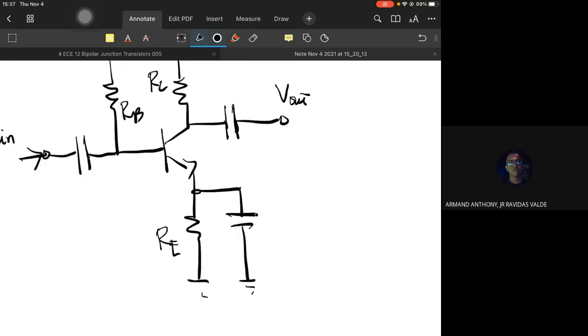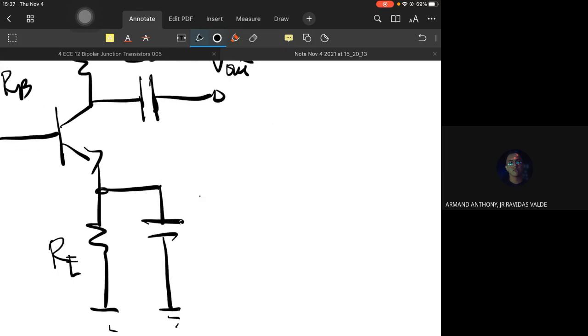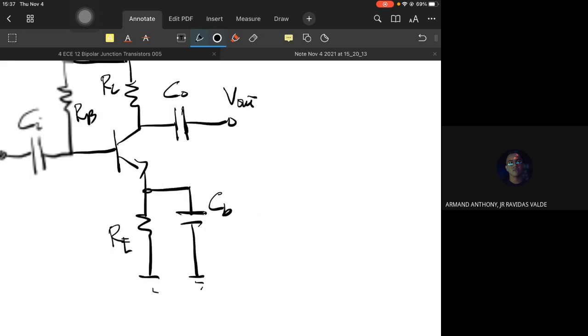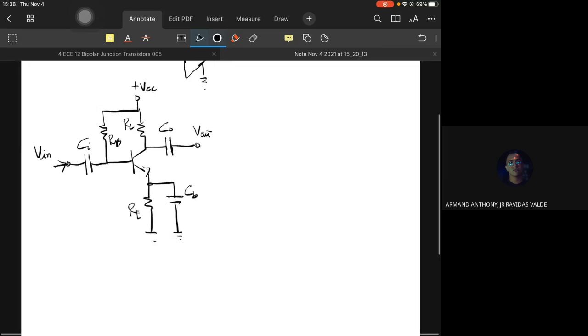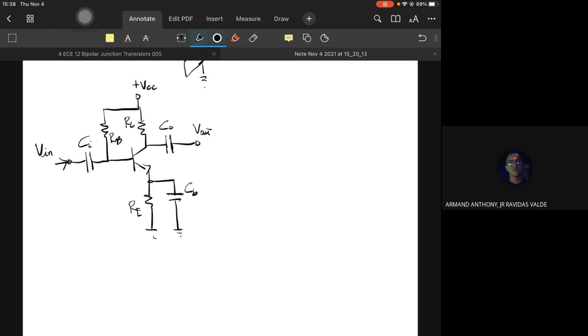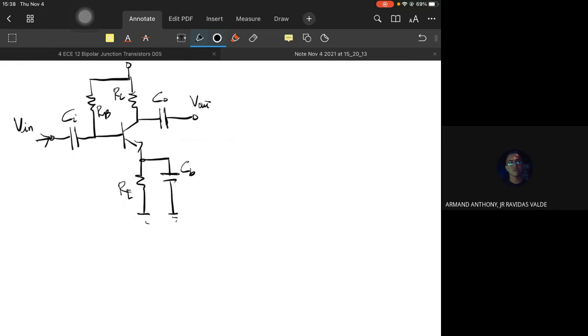They are called CI, CO, and this one could be called CB because its purpose is to bypass the emitter resistance. We will discuss its purpose later.